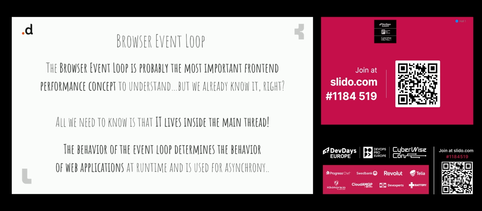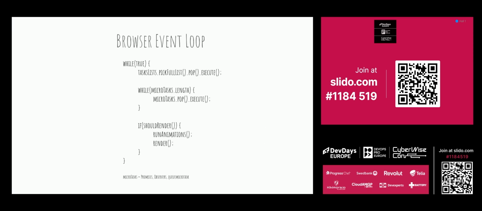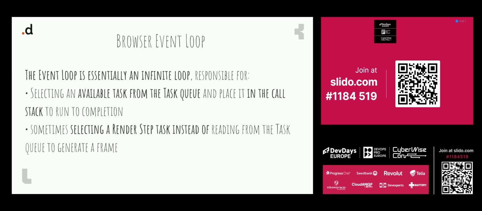Okay, so I'm sure you know what the event loop is, but it's important to understand that it lives within the main thread, and the good performance of the event loop determines the good performance of our application. Well, it is a high-level representation of the event loop.